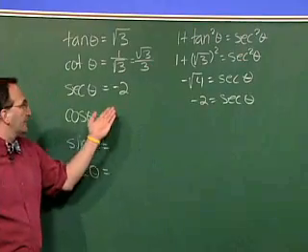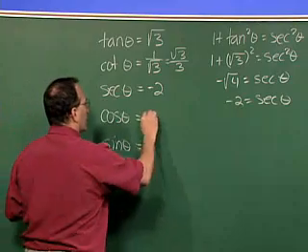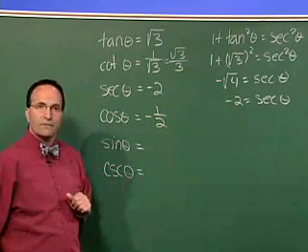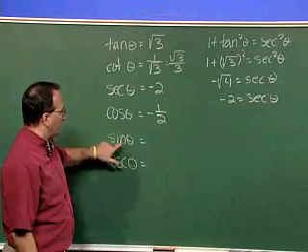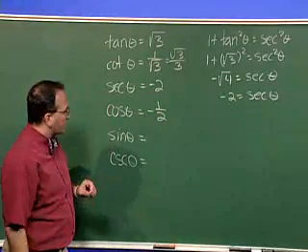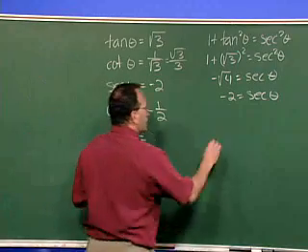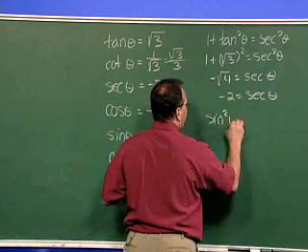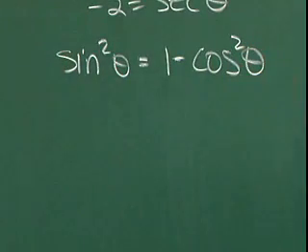Once we know that secant theta is -2, we know the cosine is its reciprocal, -1/2. To find the sine of theta, we can now use the Pythagorean identity that relates cosine squared and sine squared. So sine squared theta is equal to 1 minus cosine squared theta.